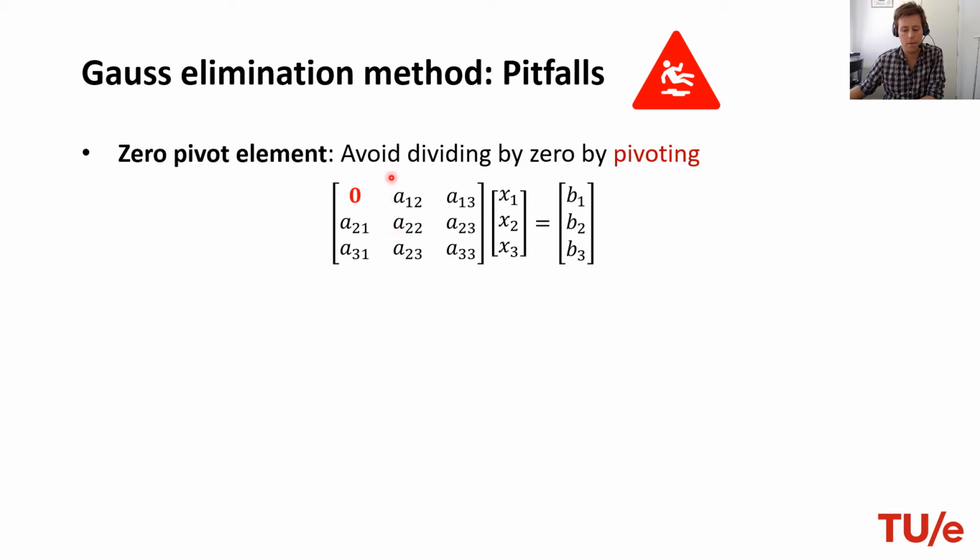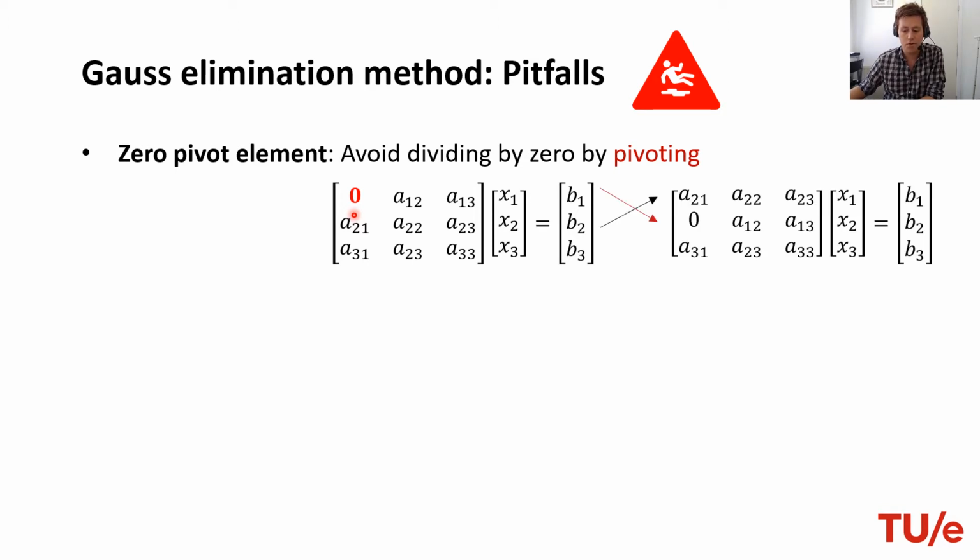If our matrix has, for instance, a 0 here in the first row and first column, then by trying to do row reduction with row operations, we would compute the ratio between this coefficient and this pivot element, which is 0. So we divide by 0, which is obviously not defined.